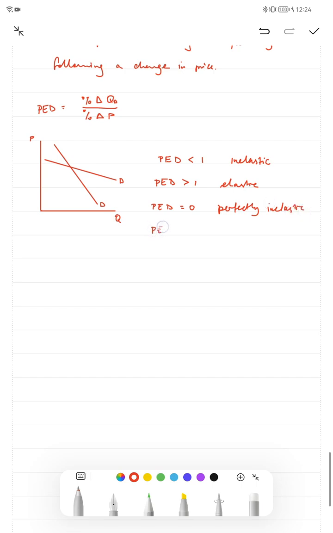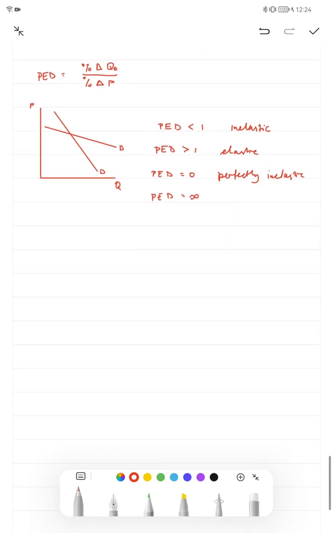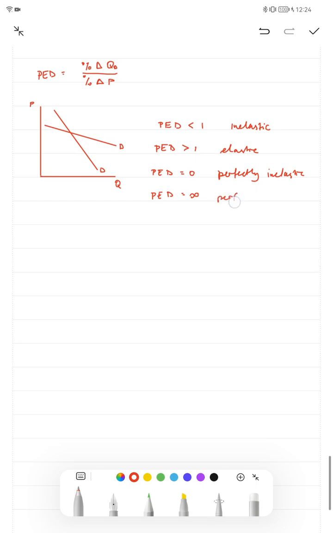If the PED equals infinity, it is perfectly elastic. And if the PED equals -1, it is called unitary elastic.